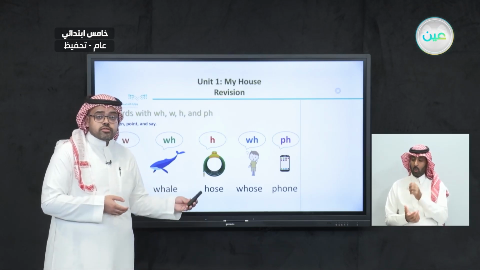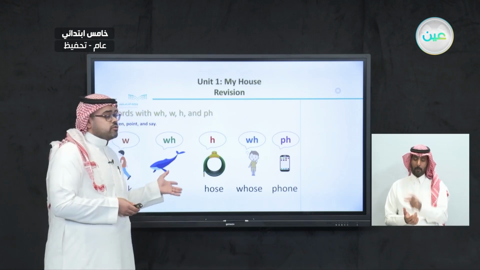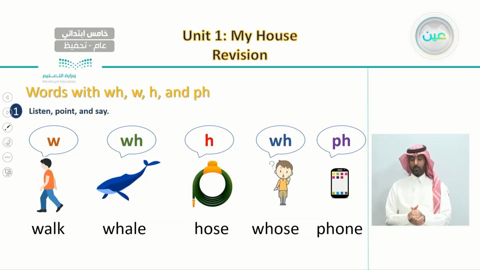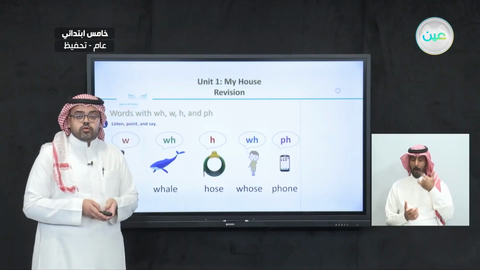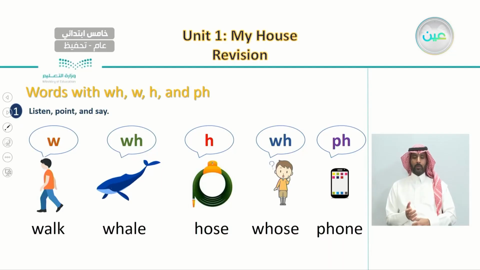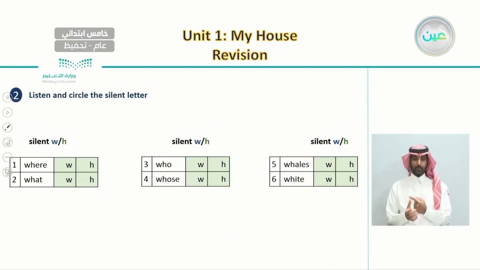Whose phone is this? Or whose screen is this? And also the last word, which is phone, where we call and use different apps. So this is regarding the first exercise.